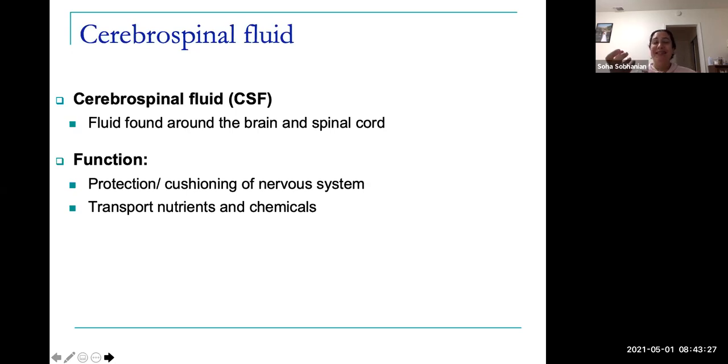You are still susceptible to what we call concussions, right? You're still going to be susceptible to things like hematomas, right? Bleeding in the brain. But your chance of having severe brain damage from minor cases of trauma is significantly less.